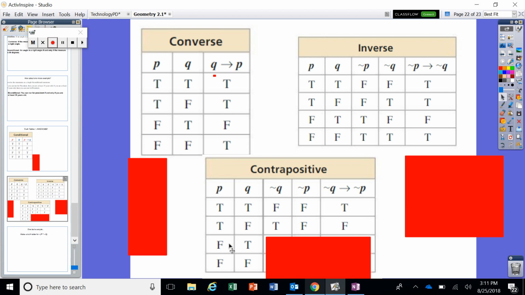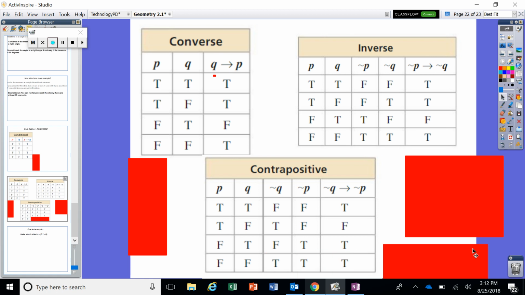For row 3, not Q becomes false, not P becomes true. So I'm looking at false implies true, which is a true statement. And last but not least, false becomes true, false becomes true, true implies true is a true statement.